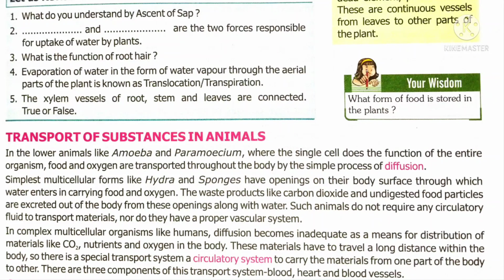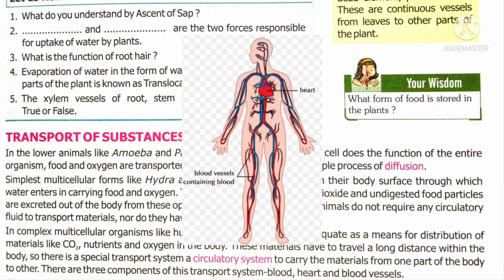Complex multicellular organisms like humans, what will they have? They will have a proper, specific transport system, that is the circulatory system, like blood, heart and blood vessels, through which food materials, enzymes and proteins required for our body, as well as waste materials, are carried through the body.